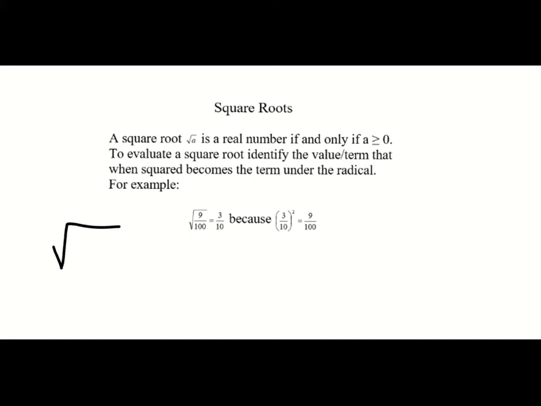So I cannot have something like -5 and find the real number square root. If we had something like this, our answer would be not a real number. And we will talk about these later on in the course, but for now, if you have a negative under a square root, your answer is a non-real number answer. So we would say it is not real.